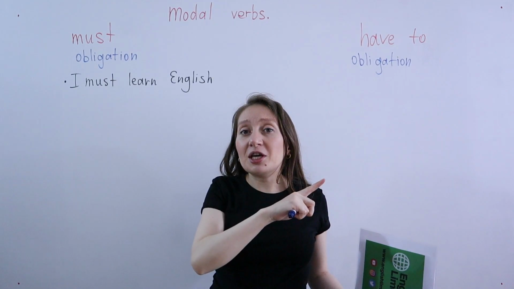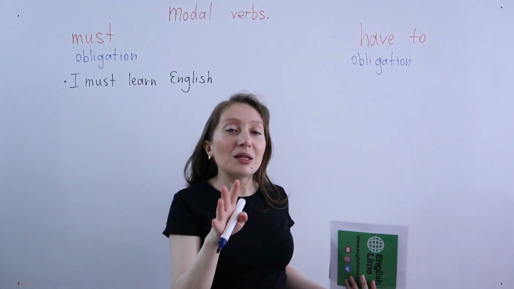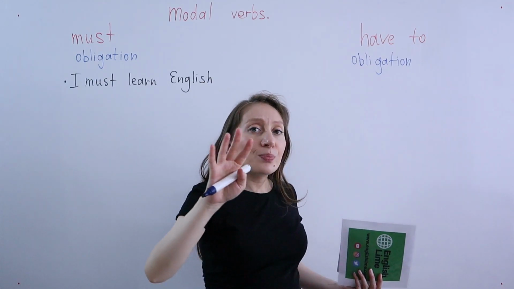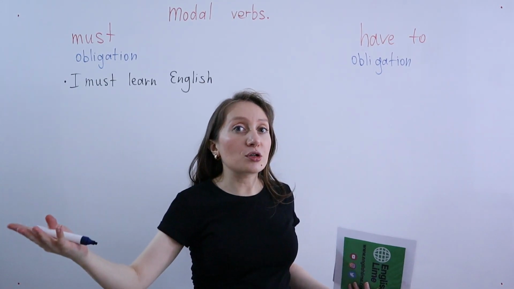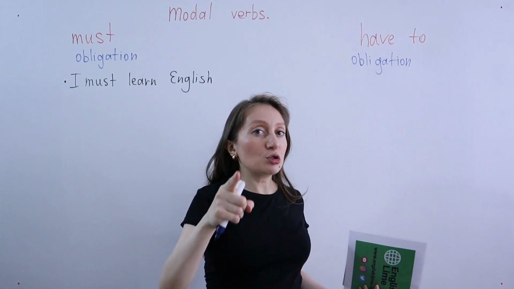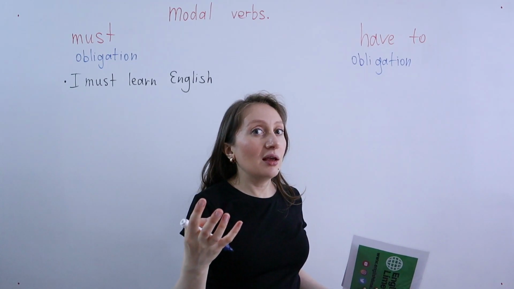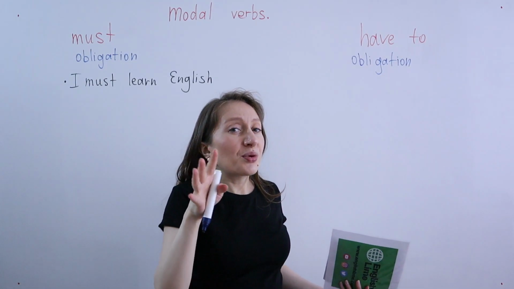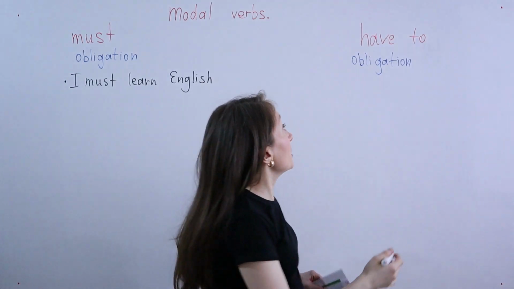But this obligation is a bit different. It means that you have obligation, some pressure by law, government, or school. So you know the translation of the word obligation, right? So what does it mean? Pressure, some kind of pressure by somebody.